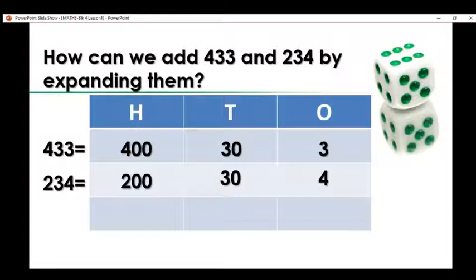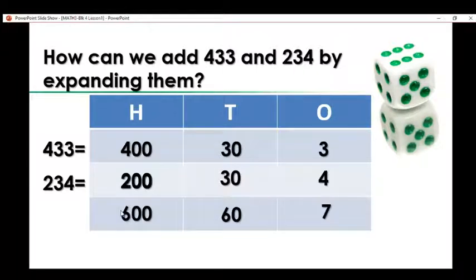So now, to find the sum, we will add by place value. We'll start with the ones. 3 plus 4, that is 7. 30 plus 30, that would be 60. 400 plus 200, we got 600.